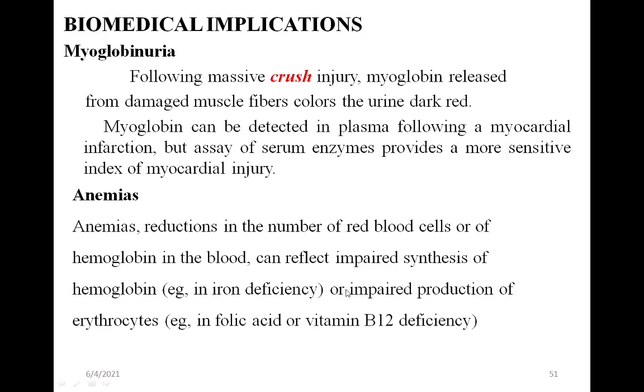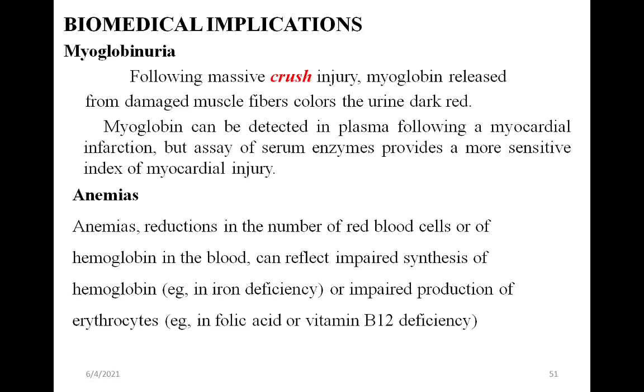But as a whole, if there is impaired production of the erythrocyte, due to deficiency or decreased erythropoiesis from deficiency of folic acid and vitamin B12, that is macrocytic anemia. Macrocytic: the RBC size becomes larger.